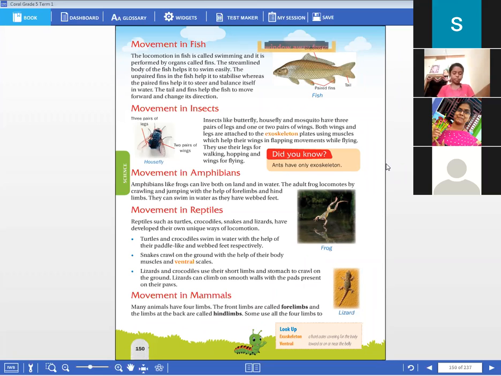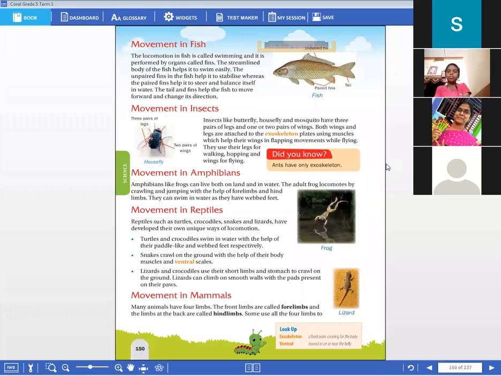Movements in mammals. Many animals have 4 limbs. The front limbs are called forelimbs, and the limbs at the back are called hind limbs. The animals, children, they'll have 4 limbs.